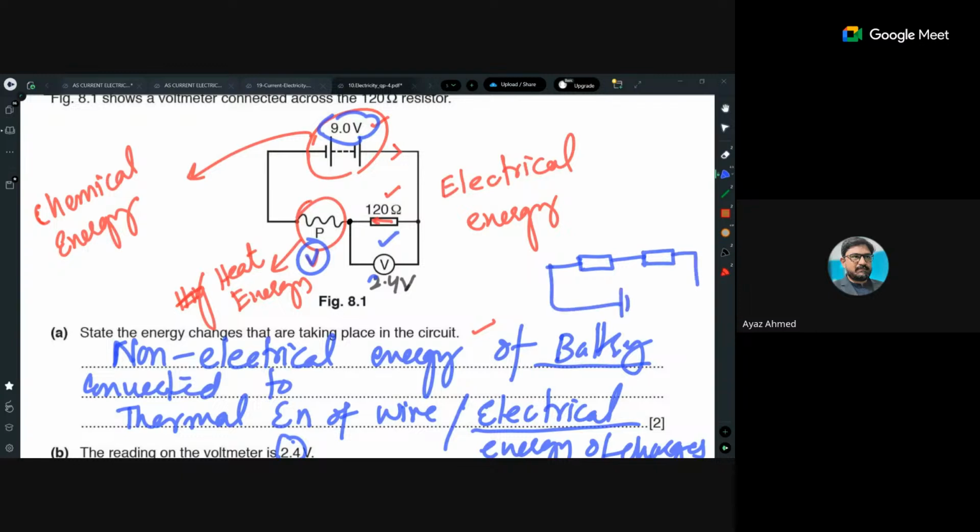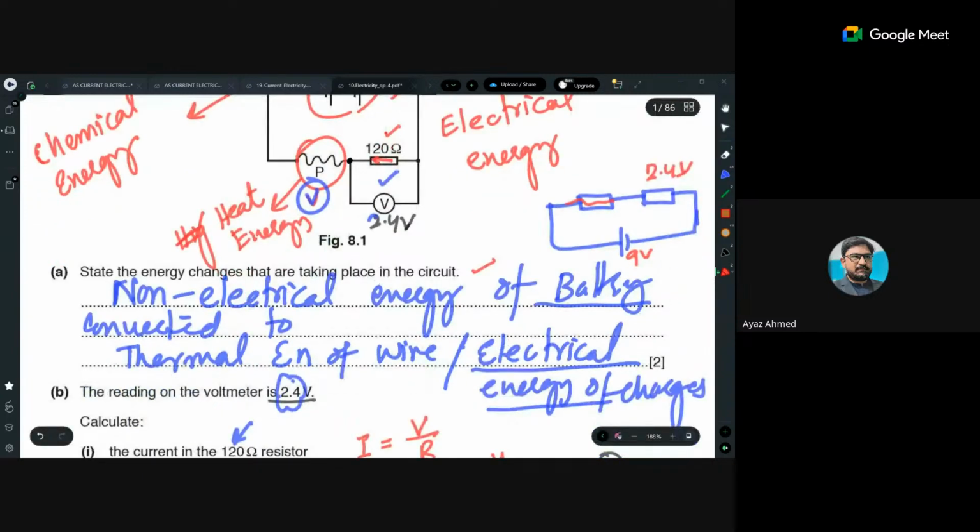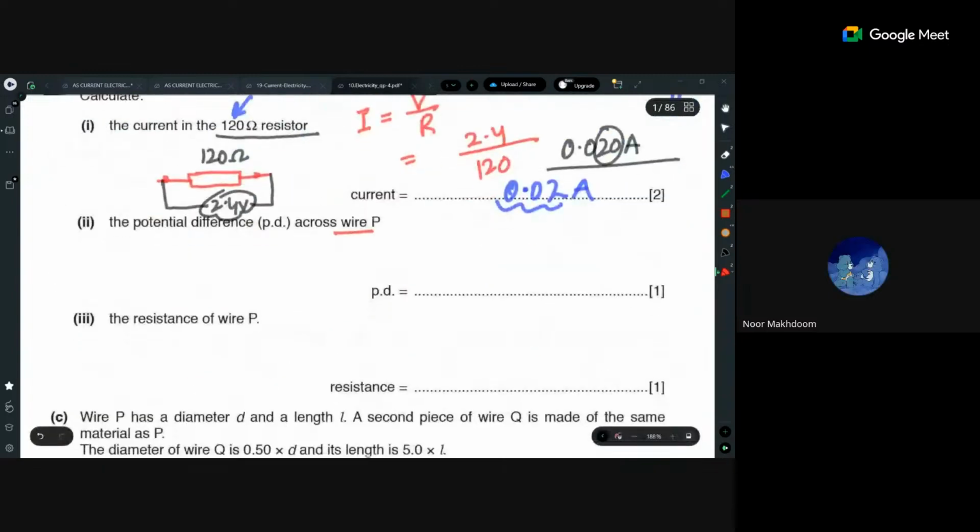That is why the series combination acts as a potential divider. So there are 9 volts, there is 2.4 volt across this one, and this is the wire. So how to calculate that? 9 minus 2.4, right? It will be like this, isn't it? It is 9 minus 2.4, so your answer should be 6.6.